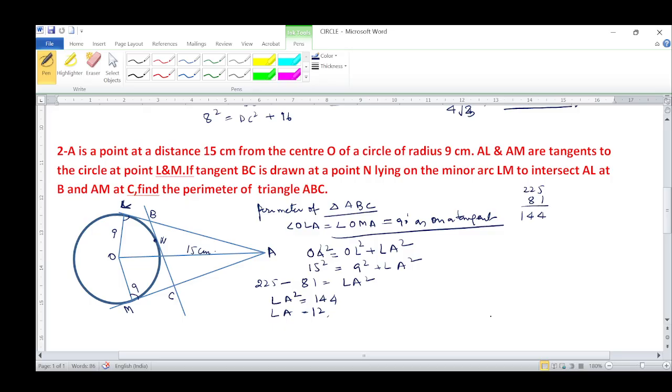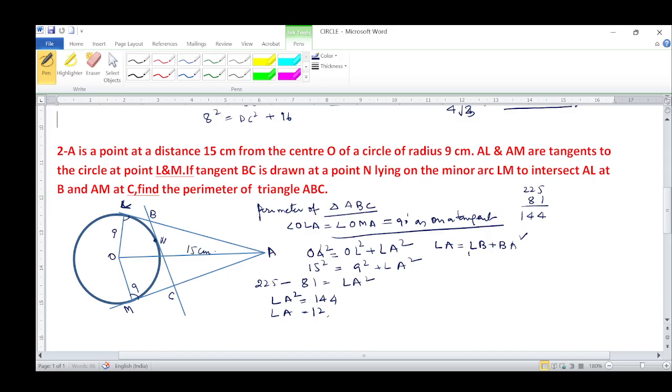Now, perimeter is what? LA is equal to LB plus BA. Okay.